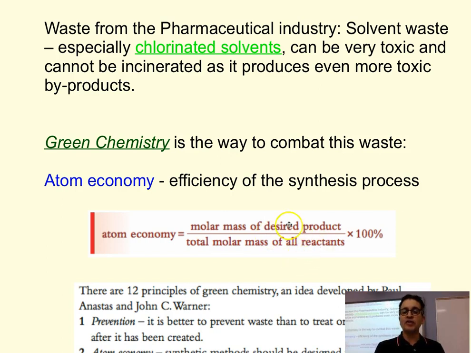That fraction, you want it to be high. So you want to minimize the number of steps and the number of different reactants and additives and blockers, etc., that you are going to be using, so you can have most of the material that you're using go to your final product rather than stay as just a portion.